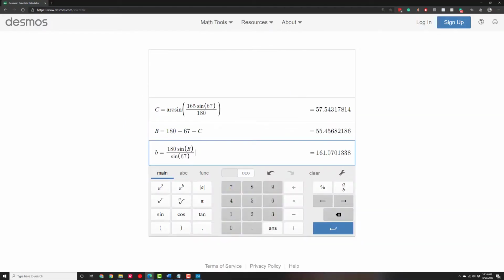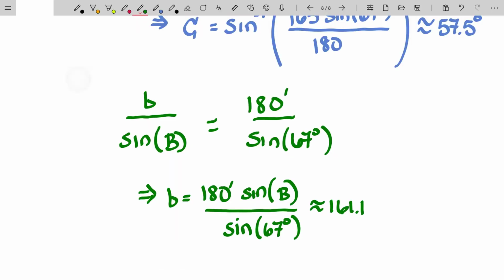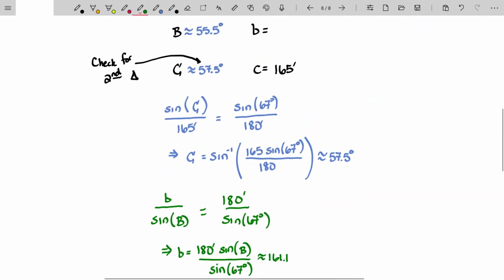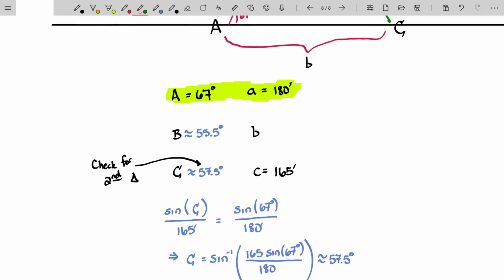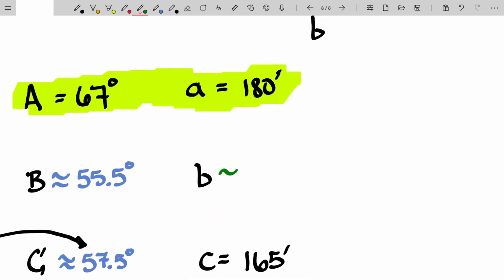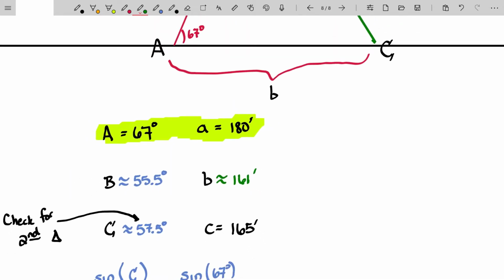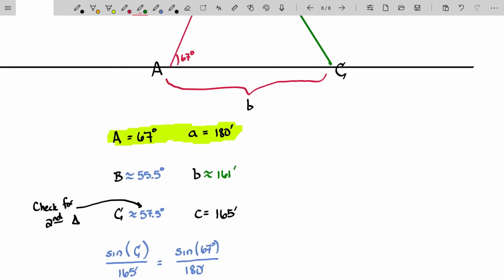And you can see we get 161.1. So I'll fill that in. B is approximately 161. Actually, I'll just say 161 feet, just because they didn't hand us anything with decimals. I don't want to answer with decimals if I can help it.